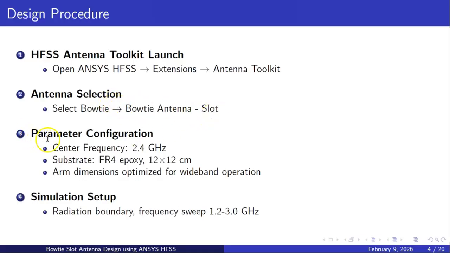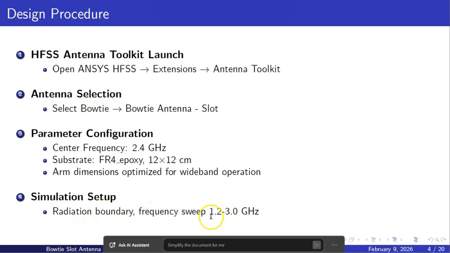Third, we configured the design parameters including a center frequency of 2.4 GHz, FR4 substrate material, and a 12 by 12 cm ground plane. The arm dimensions were optimized for wideband operation. Finally, we set up the simulation with radiation boundaries and a frequency sweep from 1.2 to 3 GHz.